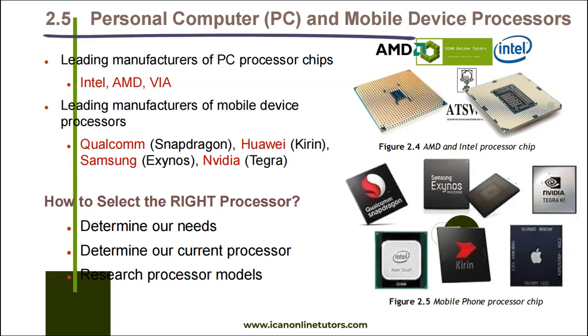You also have to look at the mobile part of it, because the world is going mobile. You have more mobile device usage overtaking laptop usage. Some of the leading manufacturers here are Qualcomm Snapdragon, Huawei, and Samsung Exynos. They also have the NVIDIA program. All these companies are involved in serious mobile device processors.